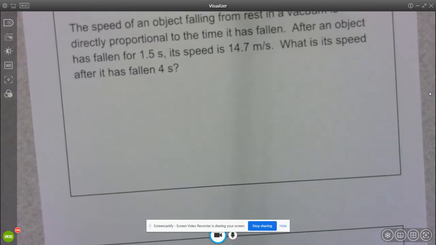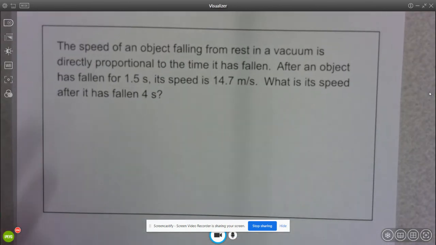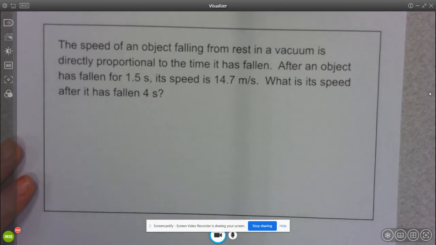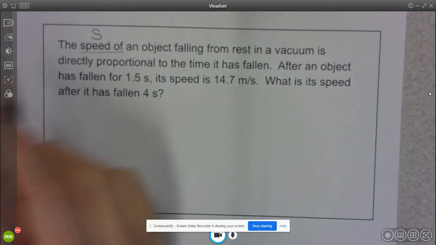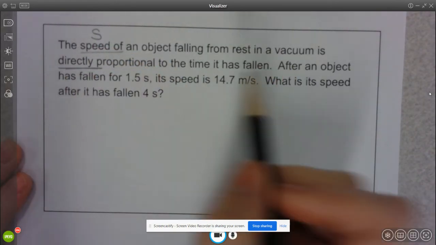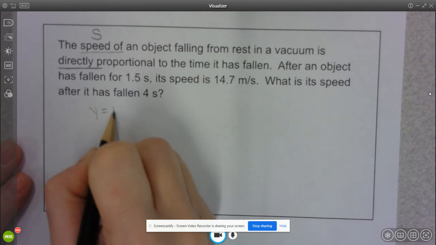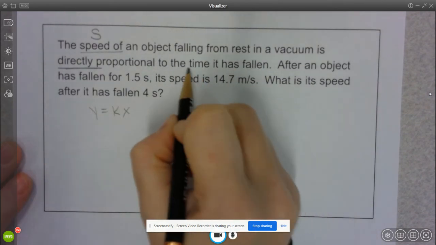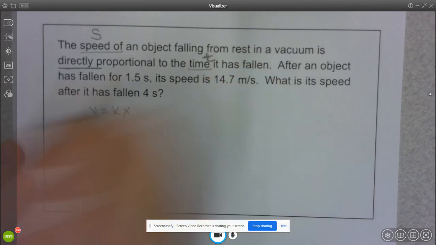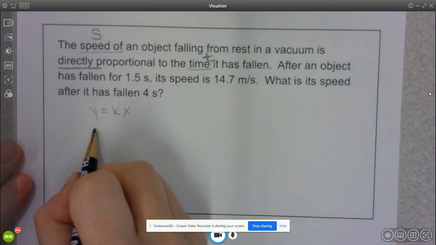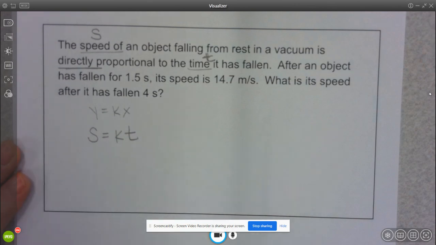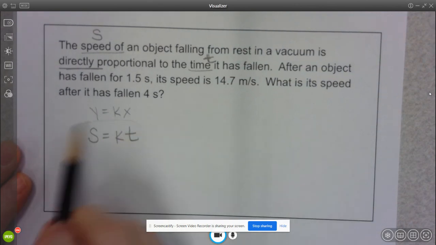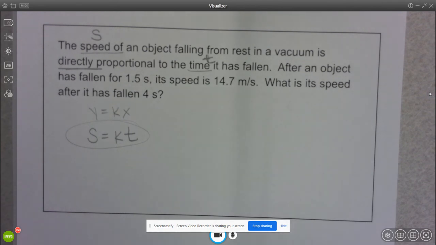All right, finally, we have some word problems. So here, the speed of an object, so I'm going to label that S. It's directly proportional. Directly meaning I'm doing y equals k times x, and the time I'm going to label as t. So I have the speed being directly proportional to the time. So this is the thing I'm going to use to start to substitute.